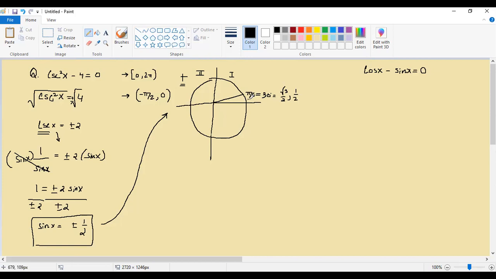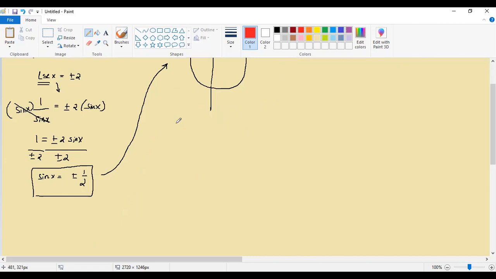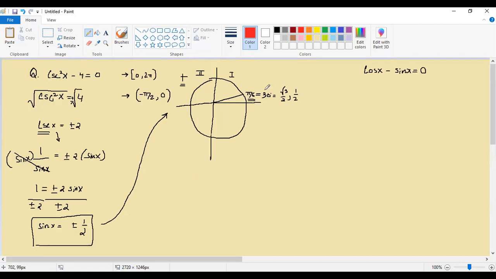So pi over 6 is actually one of our two solutions.